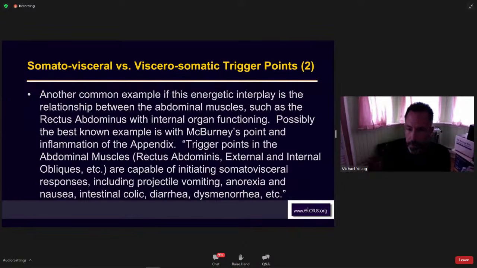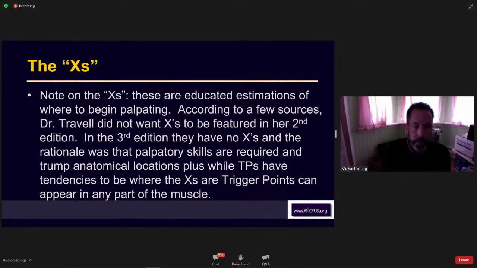The other abdominal muscles can also be involved. They're capable of initiating somato-visceral responses, including projectile vomiting, I haven't seen that one, anorexia, nausea, intestinal colic, diarrhea, dysmenorrhea, etc.